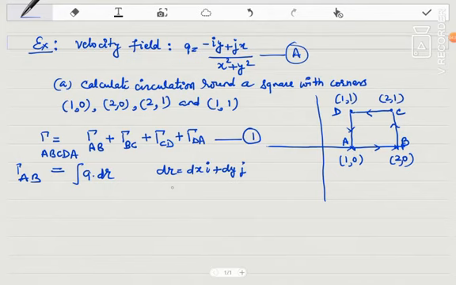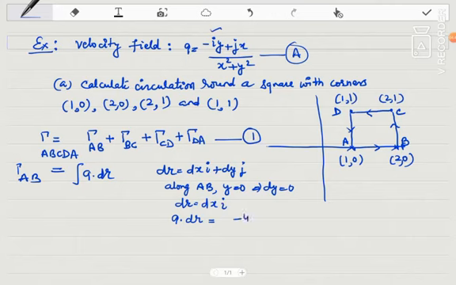It is 0, so dy is 0 and dr is only dx i. So in Q dot dr I have to consider only the i part, that means minus y dx upon x square plus y square, where y is 0.